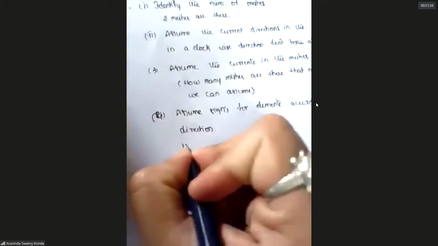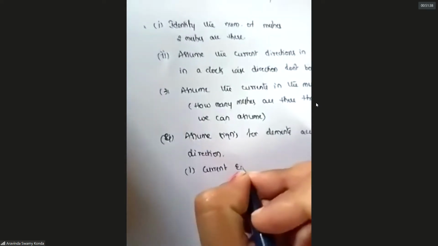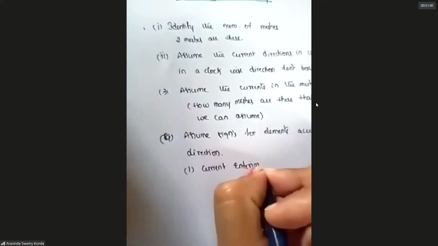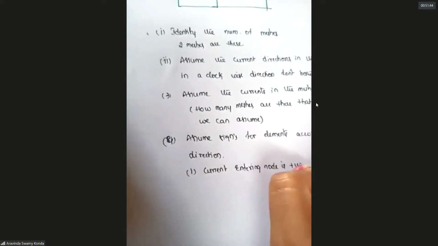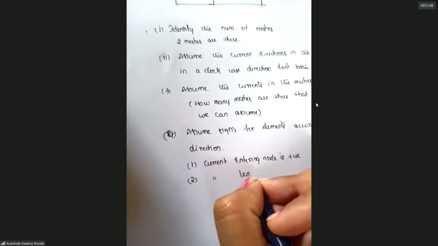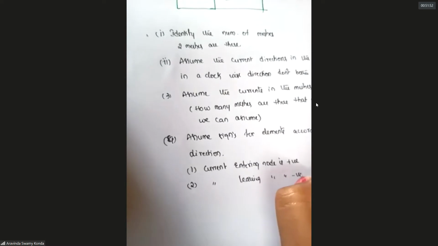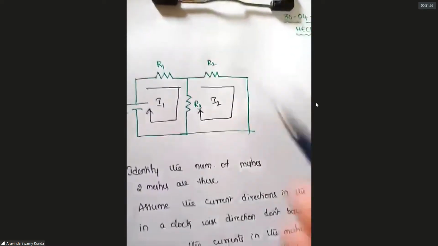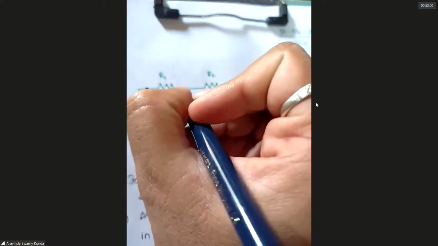So keep in your mind first: current entering node is positive and current leaving node is negative. So for every element, suppose this is a resistor, how many terminals are there?